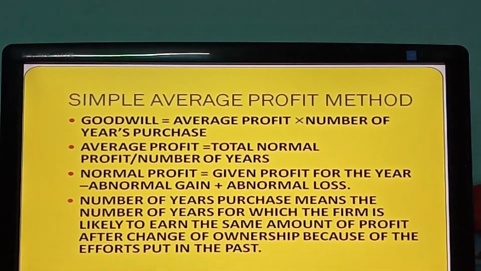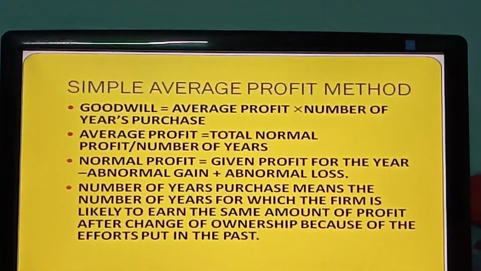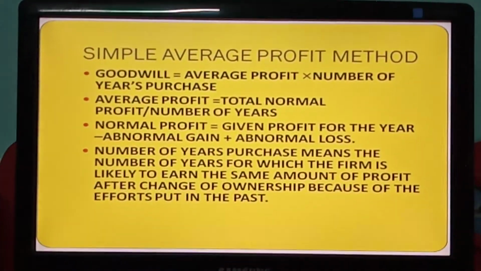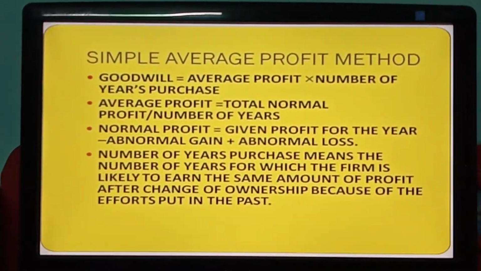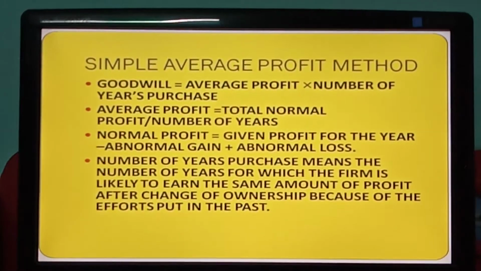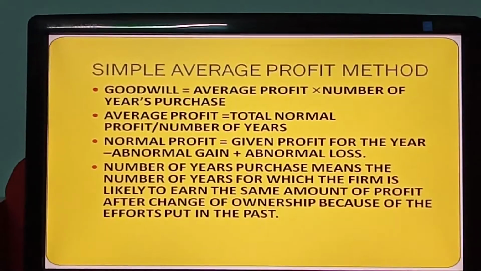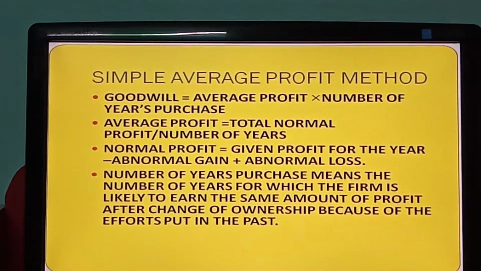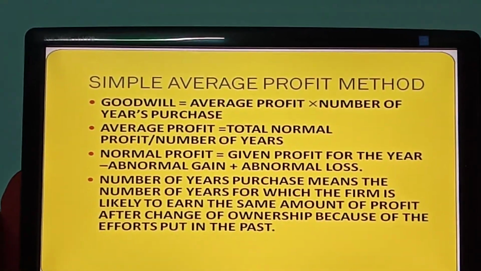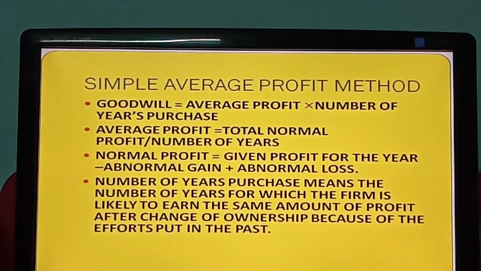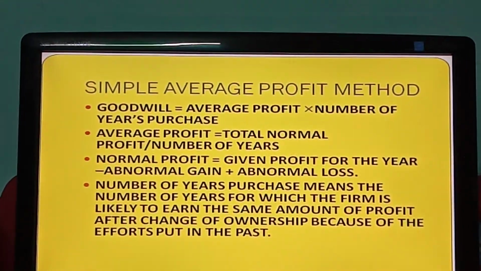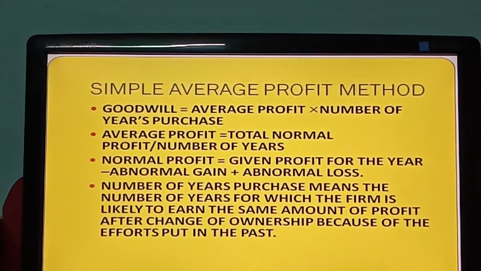Normal profits earned are totaled and the average is determined. In short, whatever is the given profit for the year, from that profit, abnormal gains which are not directly related to the business are to be deducted, and any abnormal loss, if there is one, has to be added back in order to get the normal profit of the business.